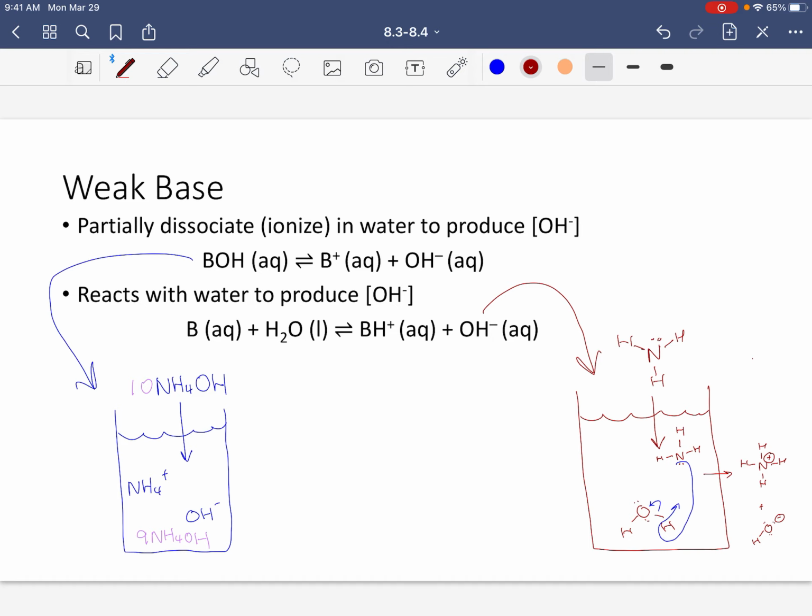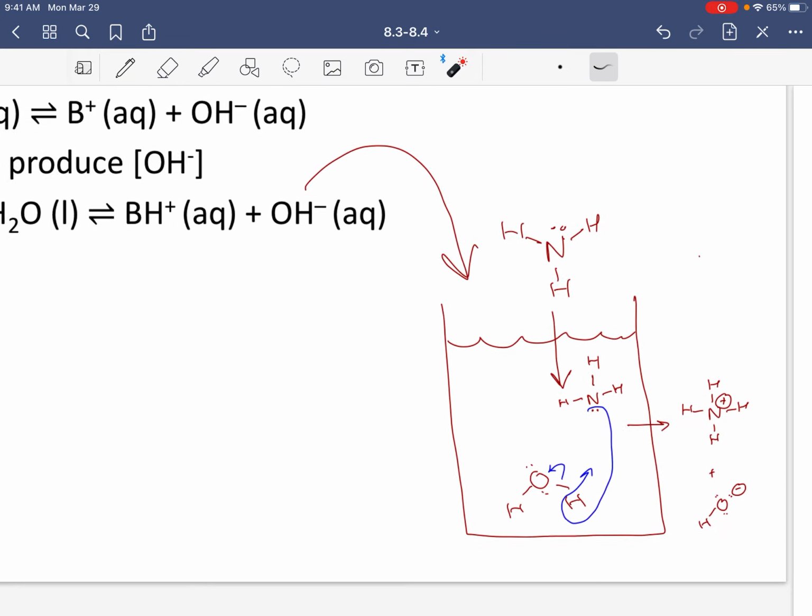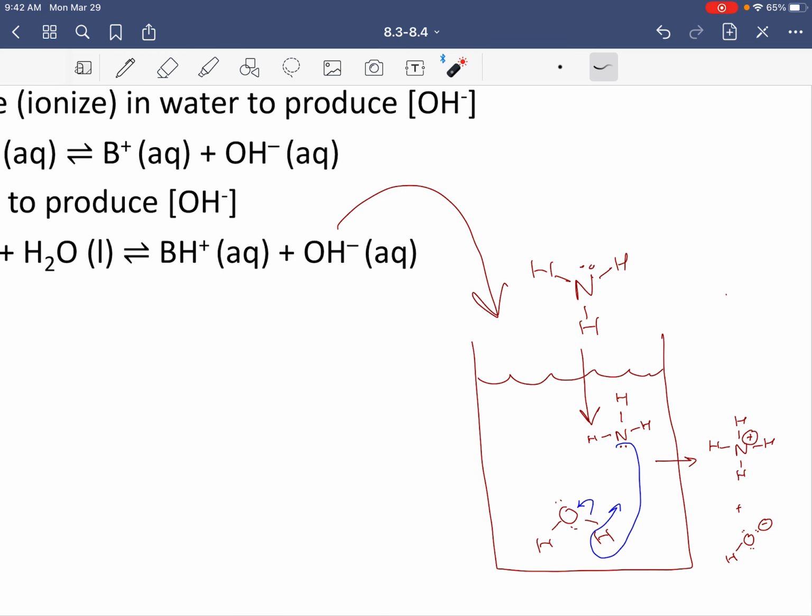But base nonetheless. However, there's really no dissociation here, but well, there is a dissociation here. The dissociation is of water. The dissociation is water breaking up into H plus and OH minus, where the H plus gets picked up by NH3.